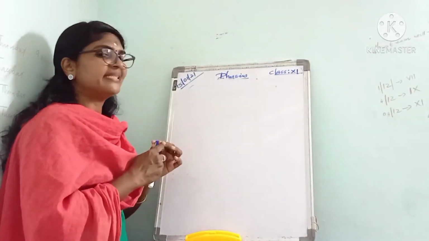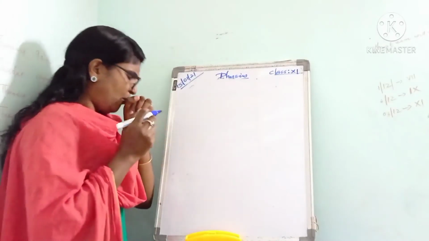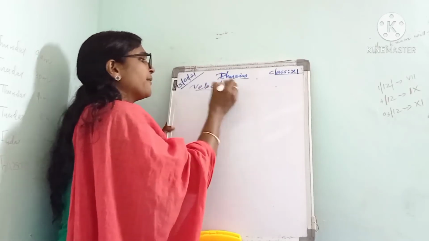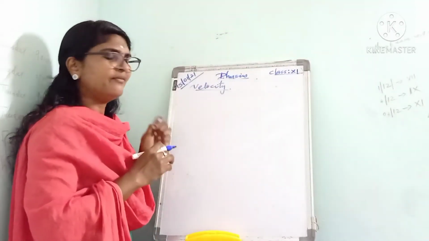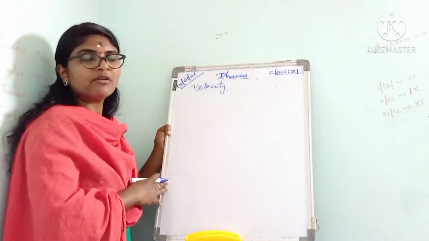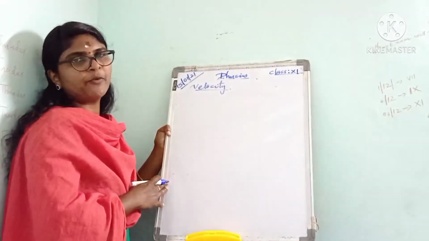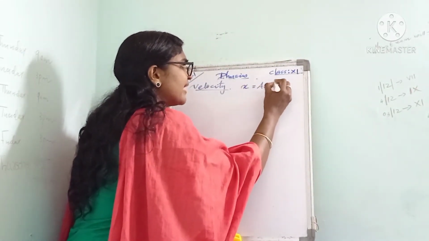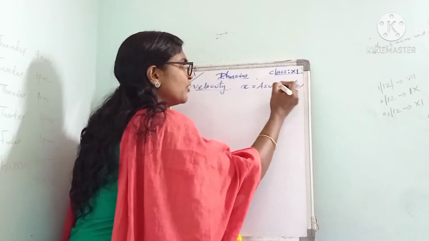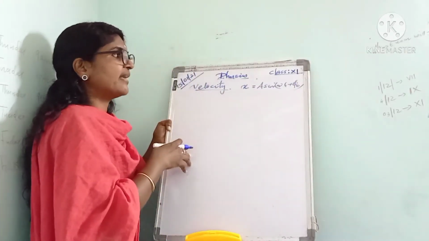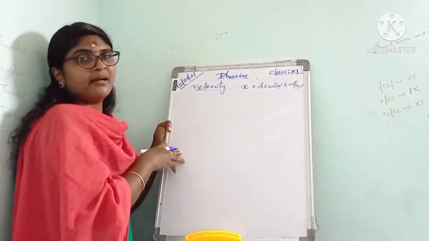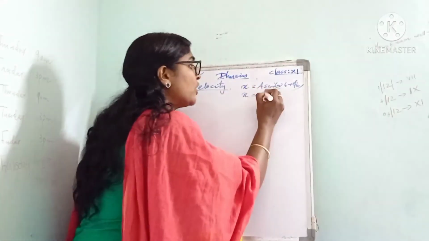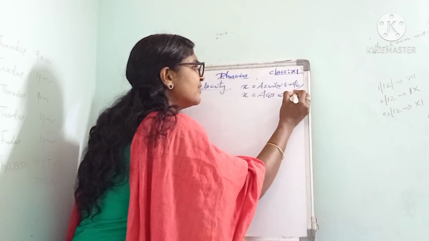Next we can see the expression for the velocity of a particle executing simple harmonic motion. If you know the expression for displacement, x equal to a sine(omega t plus phi 0), simple harmonic motion can be represented either in sine function or in cos function, that is, x equal to a cos(omega t plus phi 0).